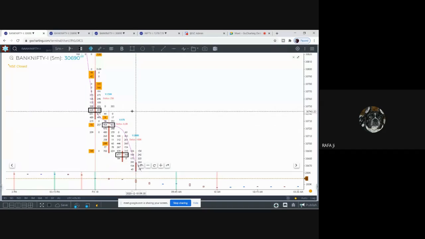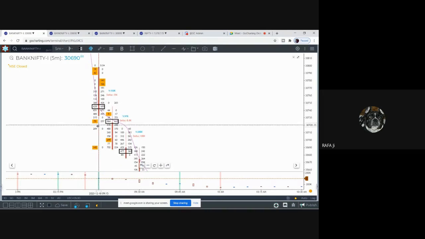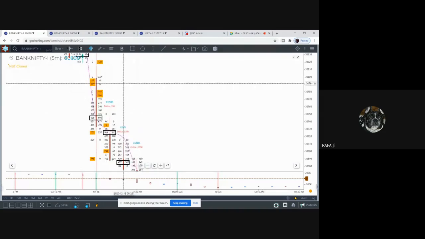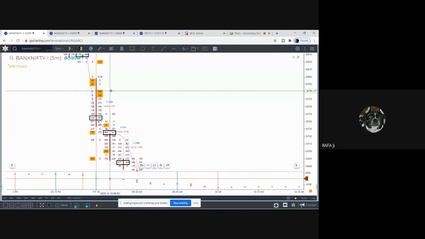Now, remember, the first 5 minute candle is a lot of pending orders getting executed, and it's generally a huge number. The volume is huge, and you should not actually pay any attention to the delta coming out of the first candle. You would also notice that the delta amongst various platforms will not be the same for the first 5 minute candle.